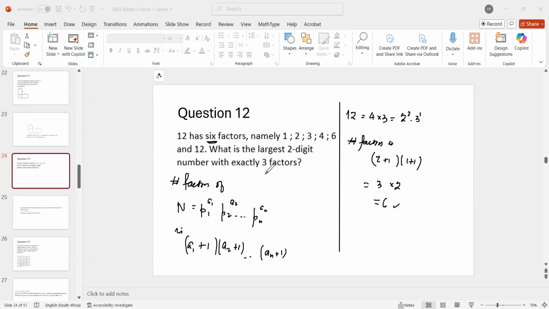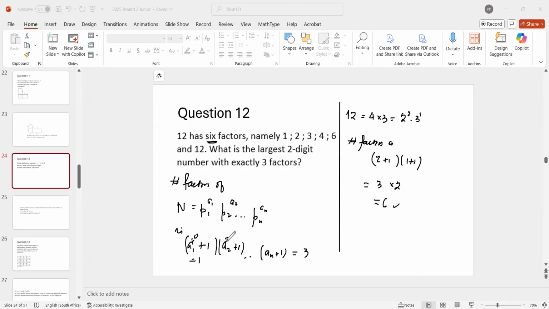Now if the number of factors is exactly 3, it means that all these numbers multiplied will give you 3. Now 3 is a prime number, so how can you do this? It means that all of these are 1, and only one of them is 3. That's the only way you can get product 3. All of these are 1, but if this is 1, then the index a1 is 0.